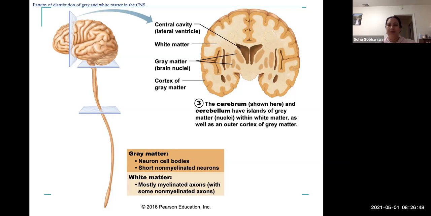I think I have it in the future slides, but just to make sure everybody's on the same page, that superficial aspect, which you can see as a darker color, is specifically for the cerebrum. It's called cerebral cortex. Oh, I just noticed that it says it's referred to as cortex, and it has it here too.